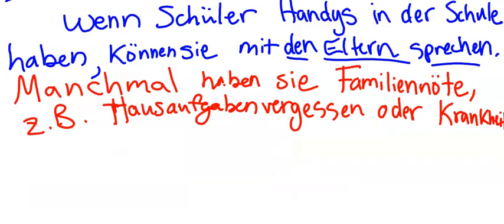So if you're pro, wenn Schüler Handys in der Schule haben, if students have their phones in school, können sie mit den Eltern sprechen. They can speak with their parents. Manchmal haben sie Familiennöte. Sometimes they have family emergencies. Zum Beispiel Hausaufgaben vergessen oder Krankheit, or an illness. So simple German, but you're stating it, you're giving a reason, and you have an example.